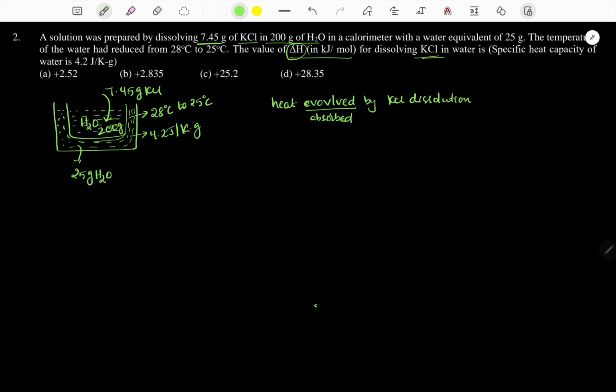The heat involved by KCl dissolution is also equal to the heat involved by water. Since it is an endothermic reaction, you can say simply heat evolved by water.